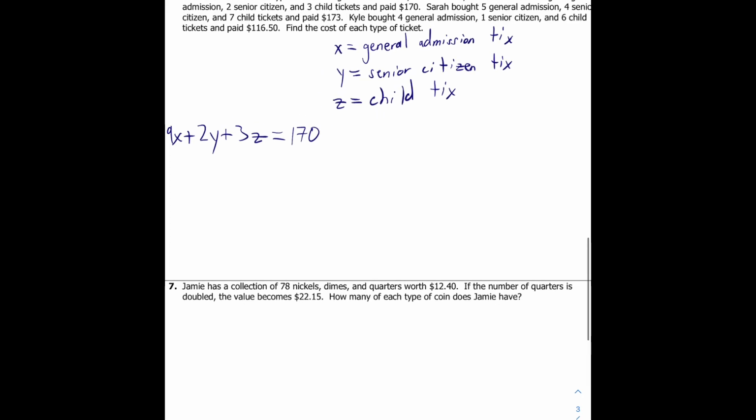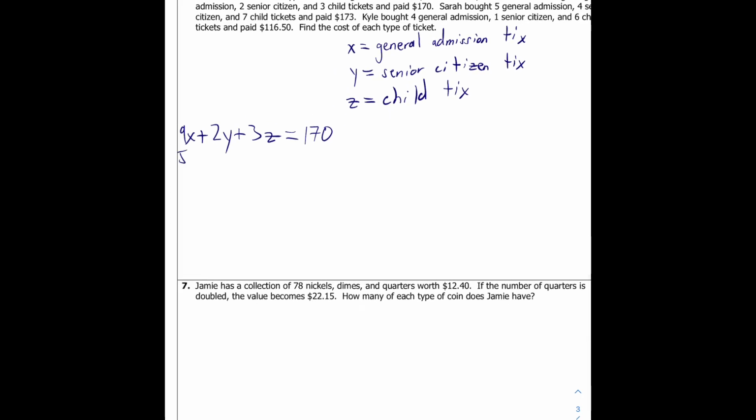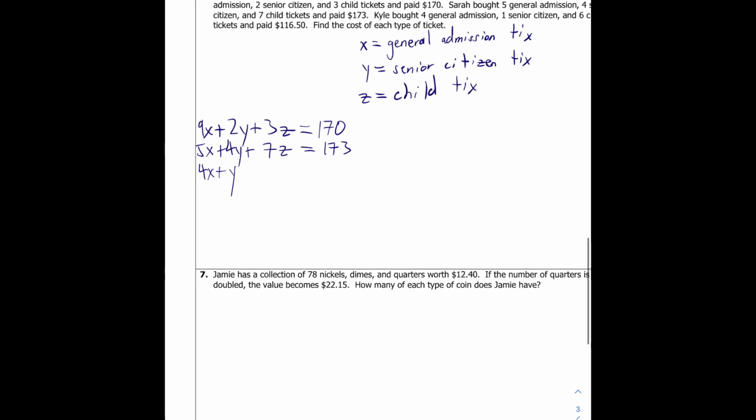Sarah bought 5 general admission tickets, 4 senior citizen tickets, and 7 child tickets, and she paid $173. Kyle got 4 general admissions, 1 senior citizen ticket, and 6 child tickets, and he paid $116.50.